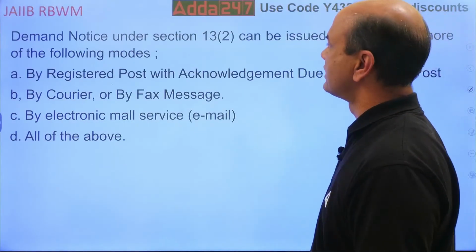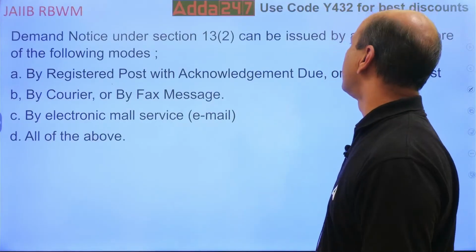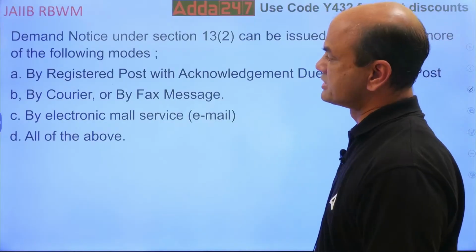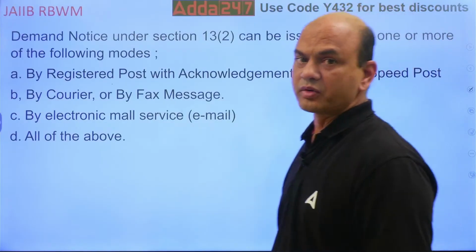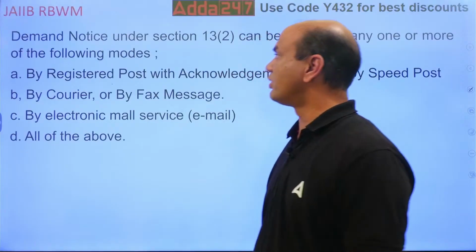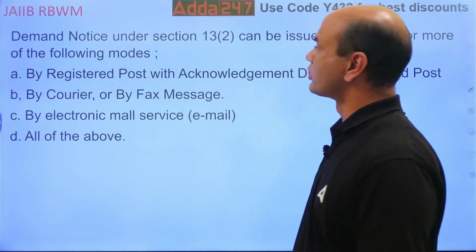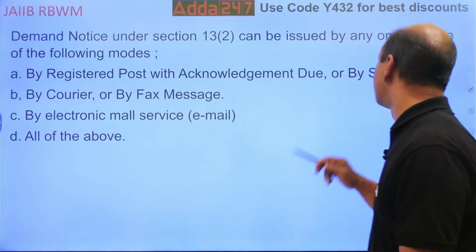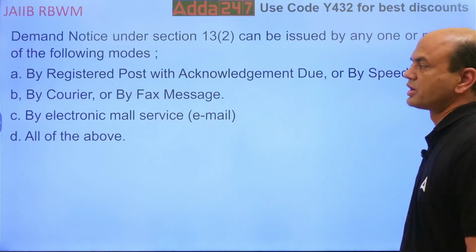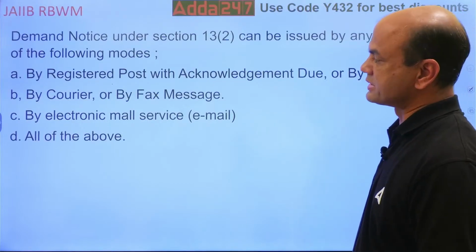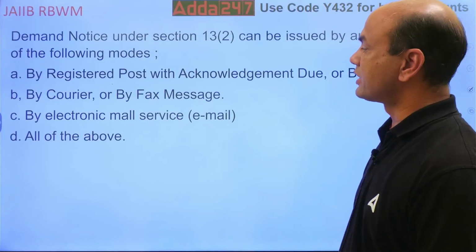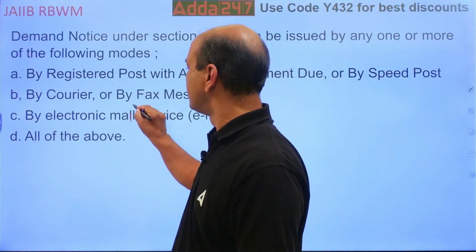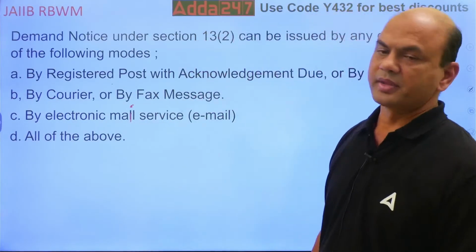Demand notice under Section 13(2) can be issued by any one or more of the following modes: by registered post with acknowledgement due, or by speed post, by courier or by fax message, by electronic mail service, and all of the above.